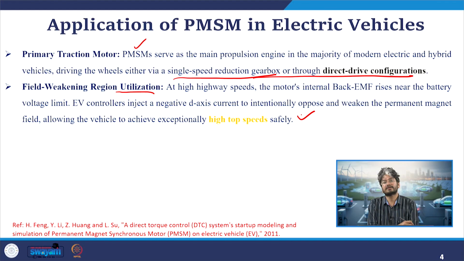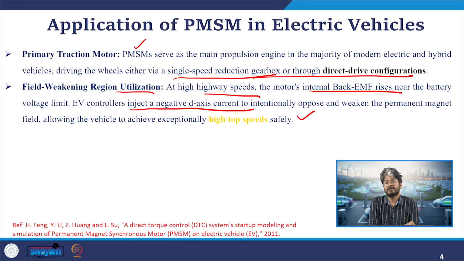Okay, so while discussing our induction machine, we have seen when we go into the field weakening region of operation, our speed of motor will be increasing beyond its rated speed. So for those types of cases, when we are on the highway where we want very high speed, the internal back EMF is nearly equal to the battery voltage, or we have reached the rated voltage, then we will intentionally inject a negative d axis current such that our permanent magnet slightly gets demagnetized and we go into field weakening mode and we achieve higher speed.